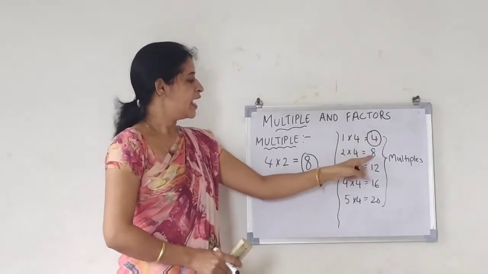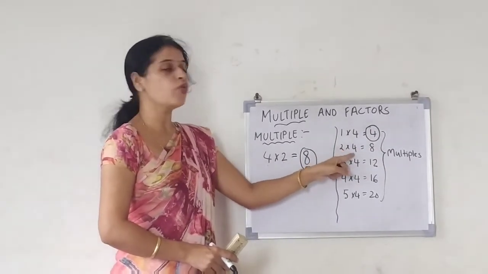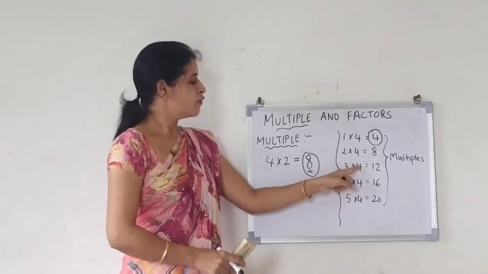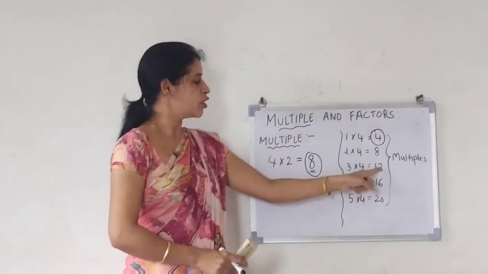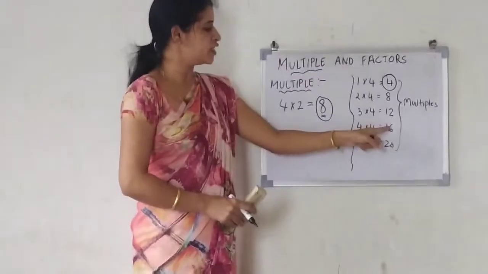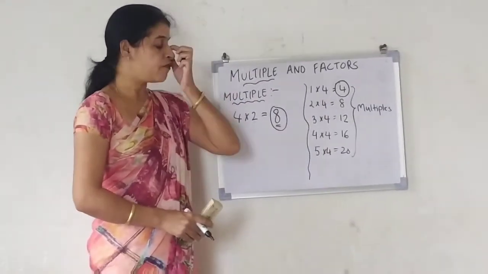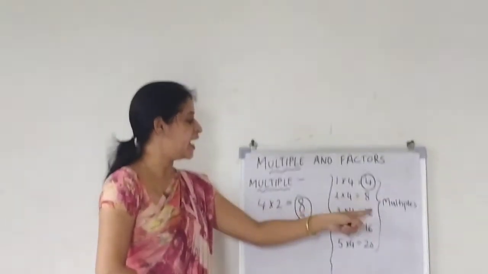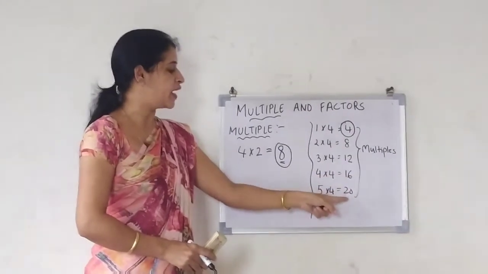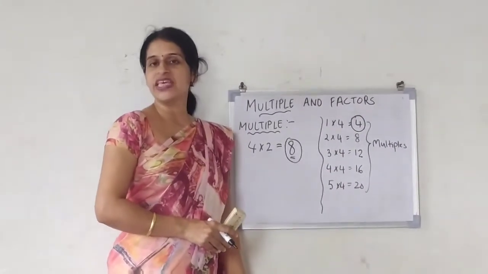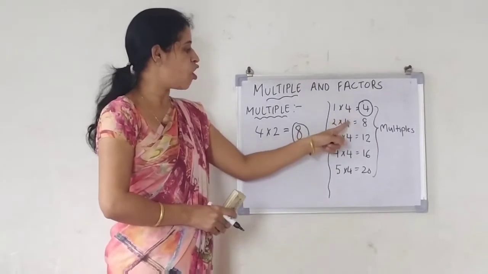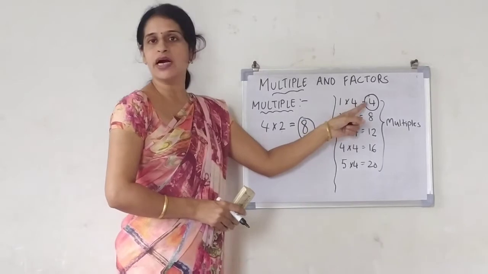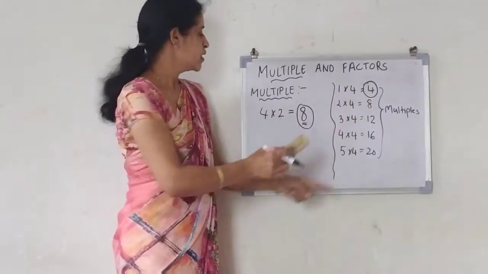Now 8. 8 is a multiple of what? 2 and 4. 12 is a multiple of what? 4 into 3 is 12. 4 into 4 is 16. 4 into 5 is 20. So 4, 8, 12, 16, 20, all these are the multiples of 4. When you multiply two numbers, you get the multiple.